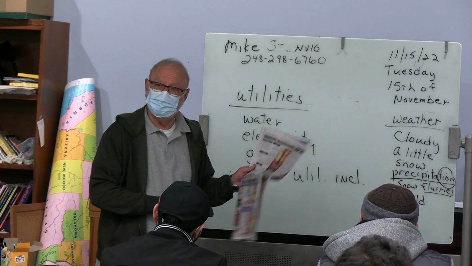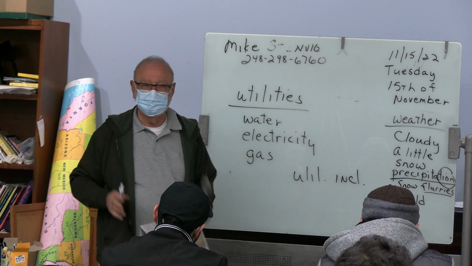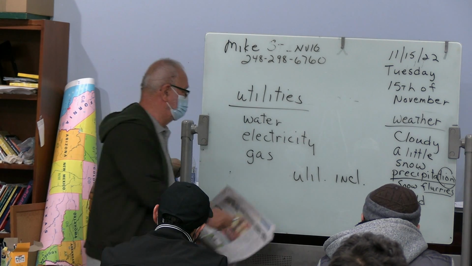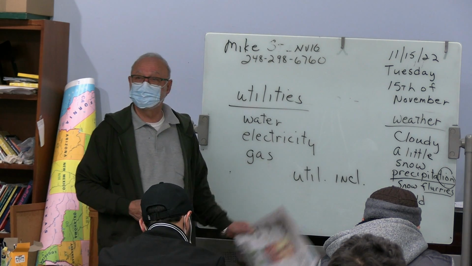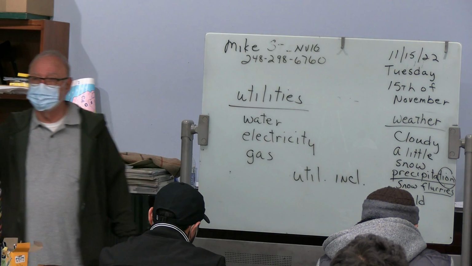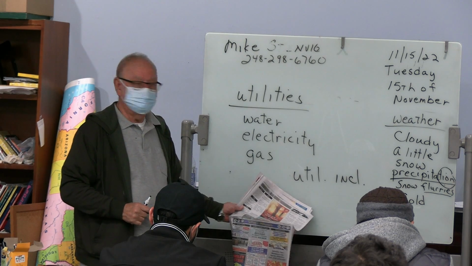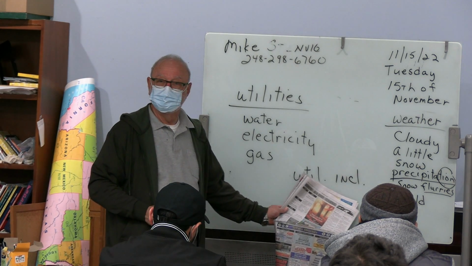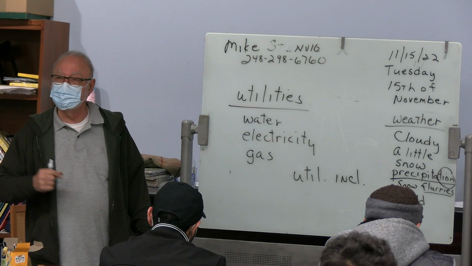When you have the classifieds, when they abbreviate utilities, this is two words that have been abbreviated, made shorter. What's this one? Utilities. Included. What does that mean, included?